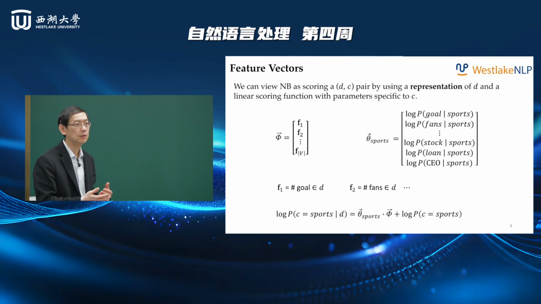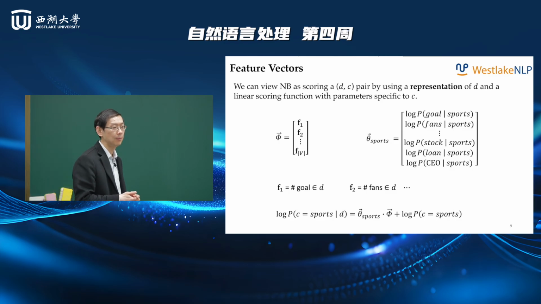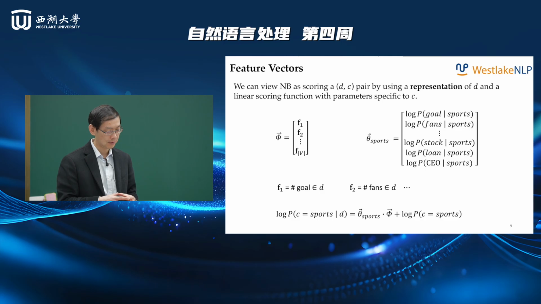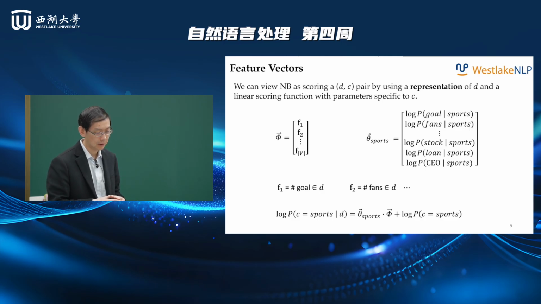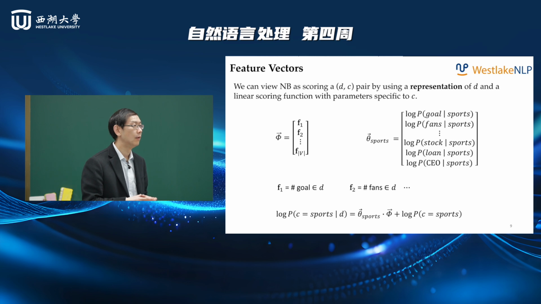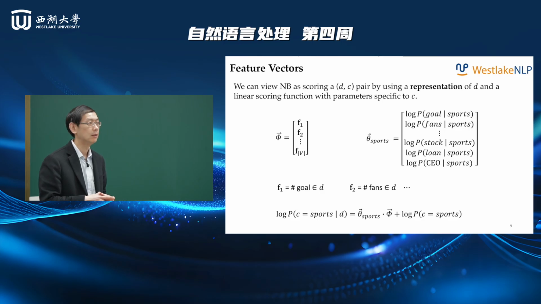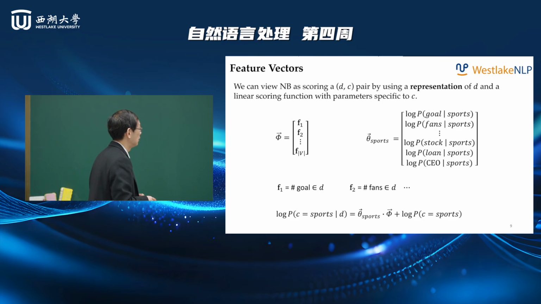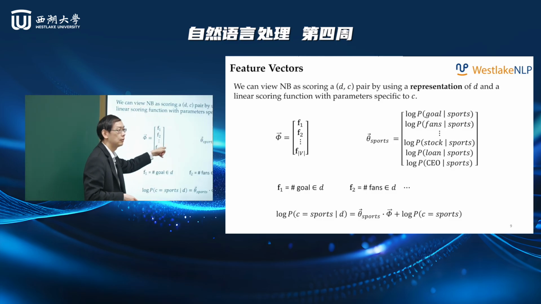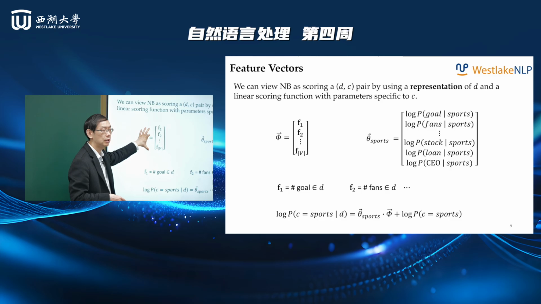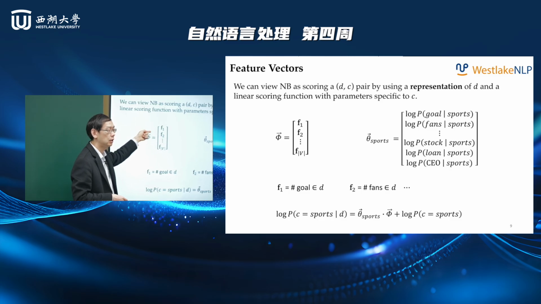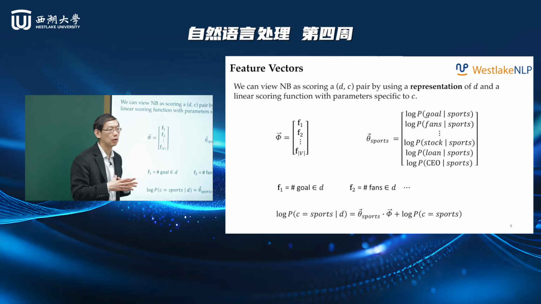If you put your naive Bayes classifier into this form, you know the naive Bayes classifier is the sum of log P(w|c) plus log P(c). So you can put your document into a vector like this, a representation vector. This vector has vocabulary size, and each element in the vector represents how many times a vocabulary word exists in the document.